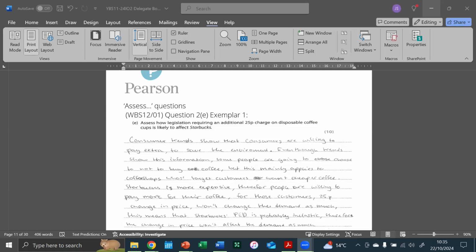How do I prepare my students for these assess questions? I would be saying, well, depending on the question, I'm probably looking at a 5-paragraph approach. First point developed with lots of linked strands and application. Some counterbalancing, however, in the second paragraph.